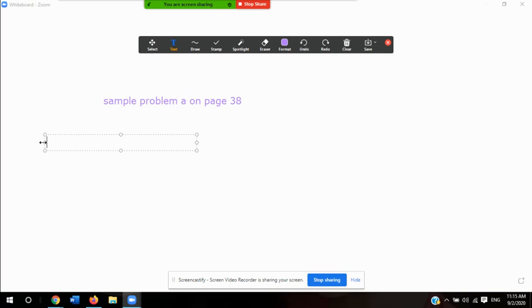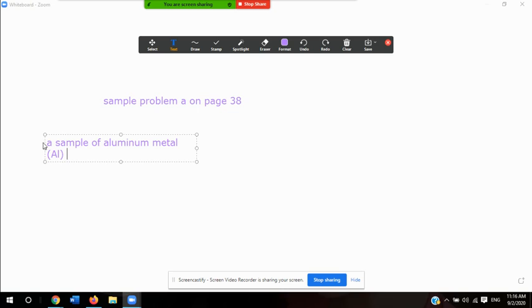Okay. And the problem says: a sample of aluminum metal has a mass of 8.4 grams. I'm actually going to write the chemical symbol for aluminum, which is Al.